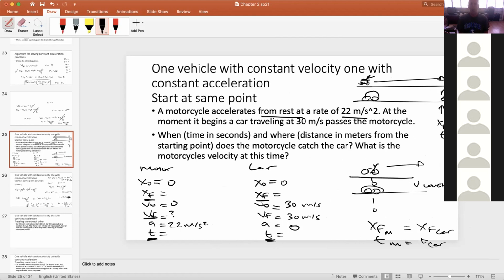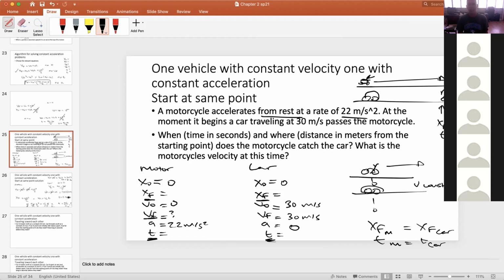Then you write down these 6 variables for each one of them. And you go through the question and you know what you're being told. If you're being told that something starts from rest or comes to rest, that means at that time its velocity is 0. We can always assume our initial x is 0.